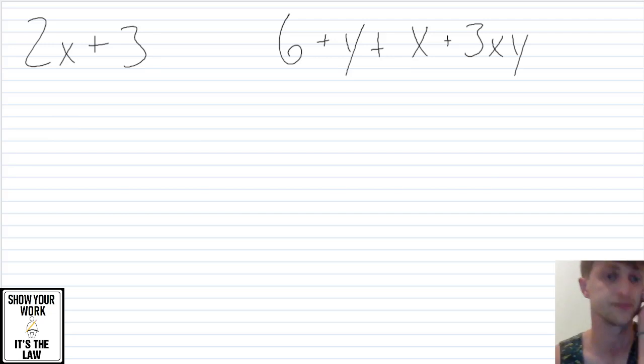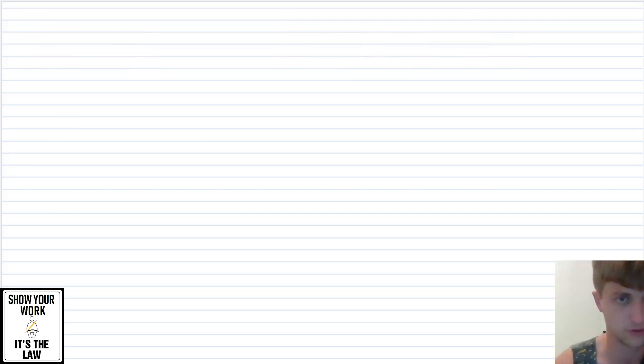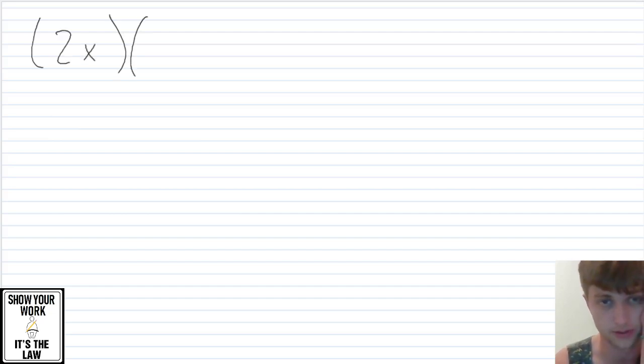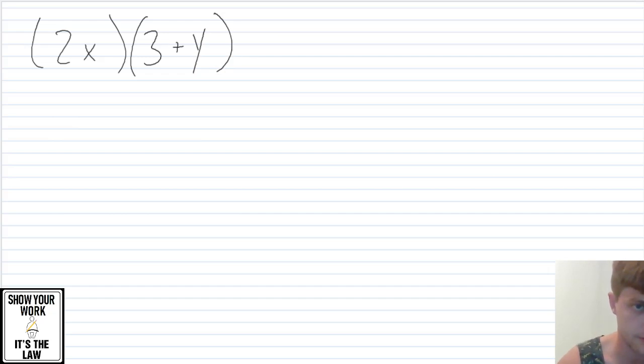So let's just take a monomial times a binomial. Binomial just means there's two terms. Okay, so monomial versus a binomial, let's just say, for simplicity, 2x times 3 plus y. So here we have one term being multiplied by a polynomial.